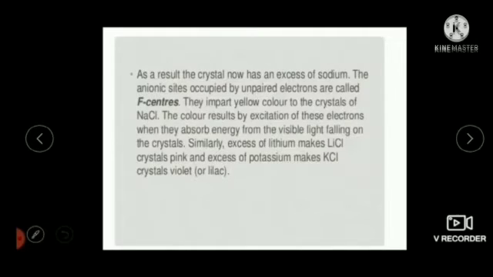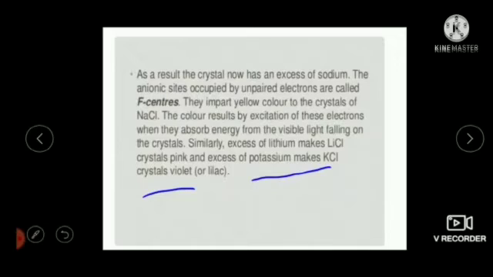In the same way, vapors of lithium will impart a pink color to lithium chloride, while those of potassium will make potassium chloride violet, that is lilac.